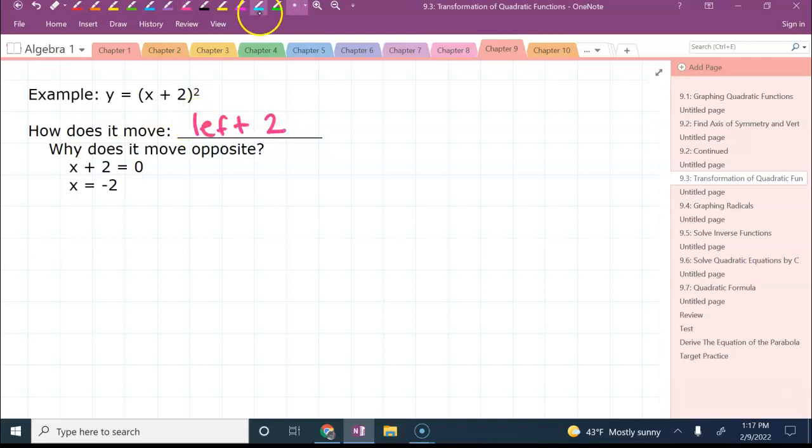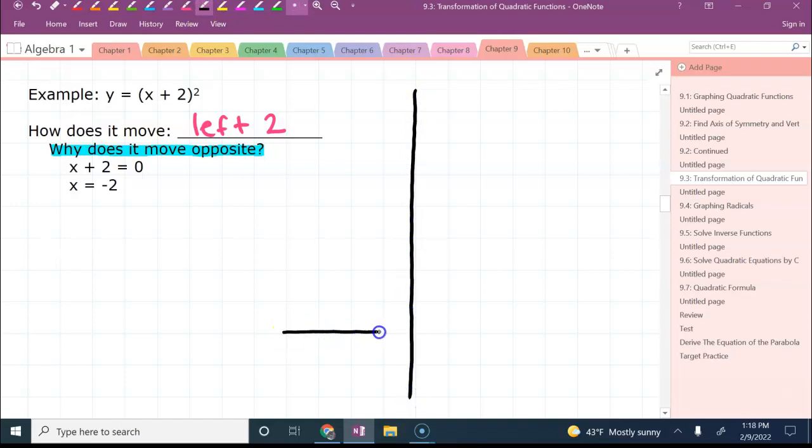And why does it move opposite directions? Well, if I were to set that x plus 2 quantity equal to 0 and solve for x, I got negative 2. And so negative means that I had to move left on my coordinate plane. So a little bit different thinking there. You'll just have to train your brain that when you see something like that inside of your parentheses, you're moving it to the left or to the right, and it's opposite of what you normally think.